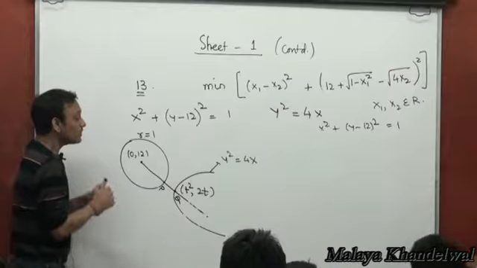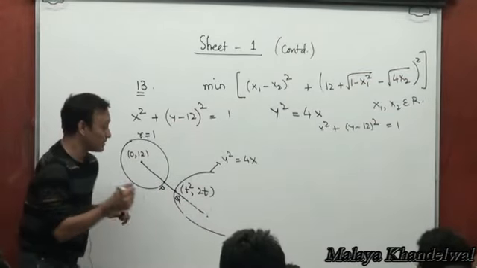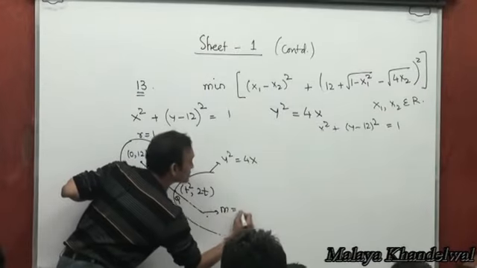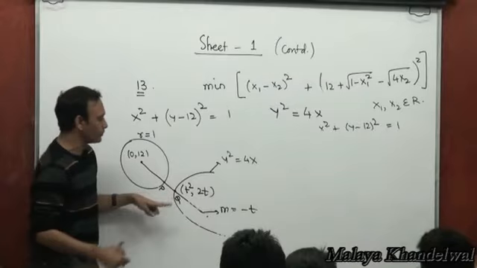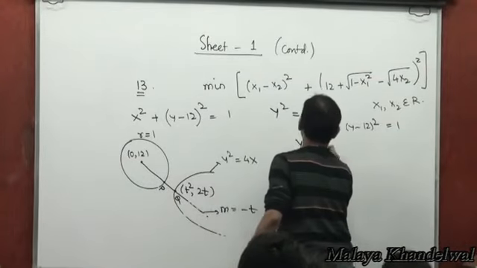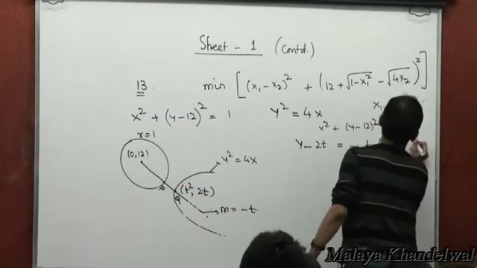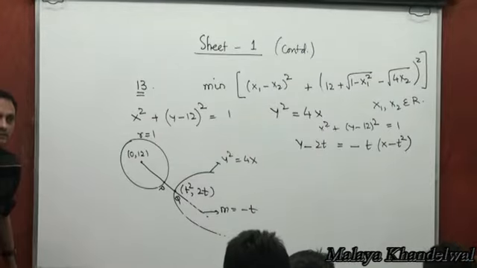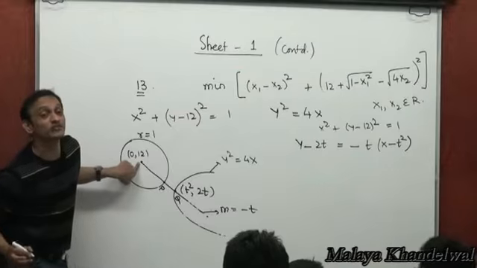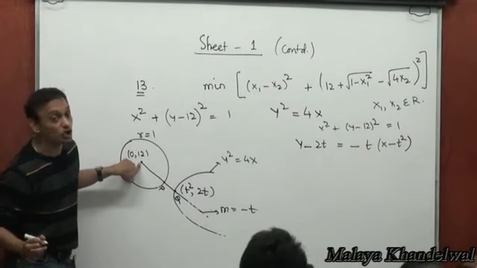Clear? Now the slope of the normal at any Q is going to be minus t. So then the equation of the normal at Q is going to be what? y minus 2t equals minus t times (x minus t squared), right? And this must pass through the center of the circle, x equal to 0 and y equal to 12.